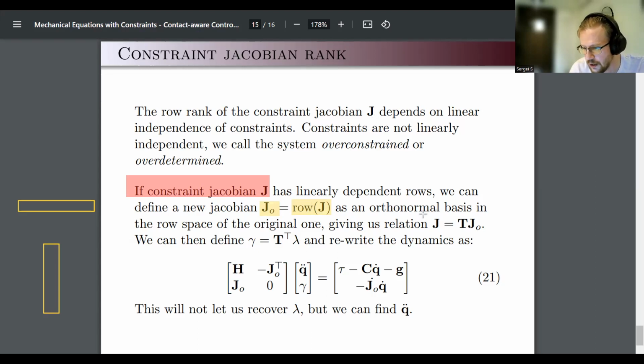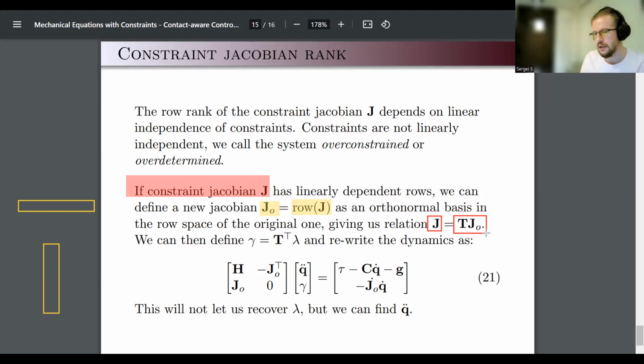The relation is that the old Jacobian is equal to some matrix T times the new Jacobian. What is this T? This is basically a map that says how to find each individual row of the old Jacobian given this orthonormal basis in the row space, right? So each row of J has coordinates in this row space.